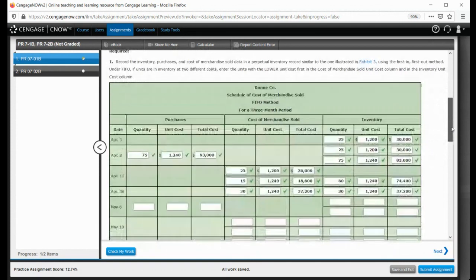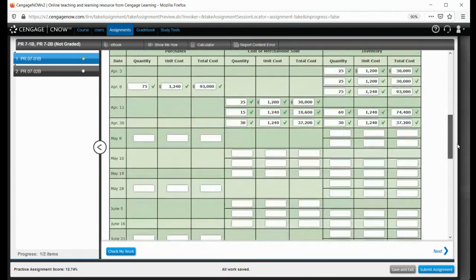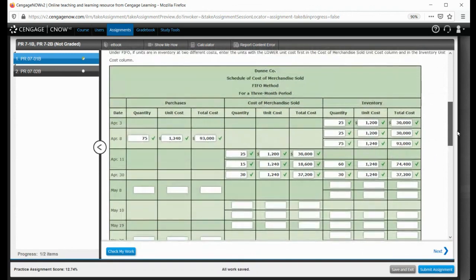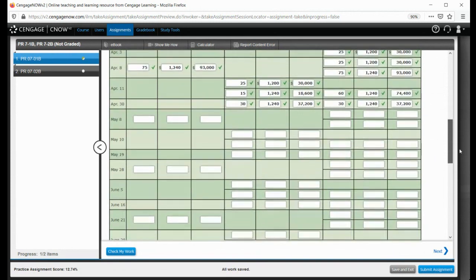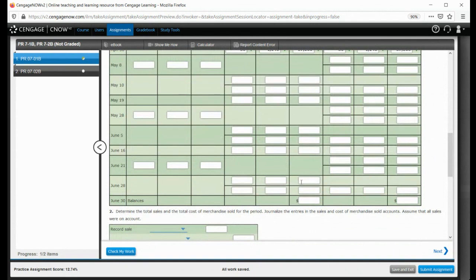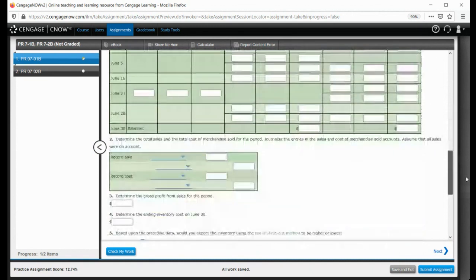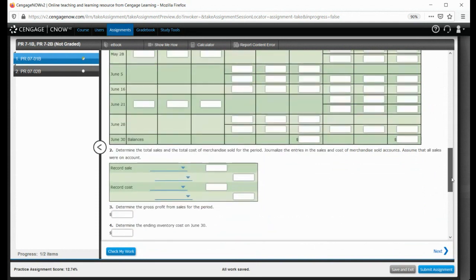And so normally in class, I just do the first transaction with you. But I'm going to go ahead and continue on to see how far I can get today with this, because you've got to finish this transaction up in order to be able to do the second part of the transactions and the third part of the transactions.